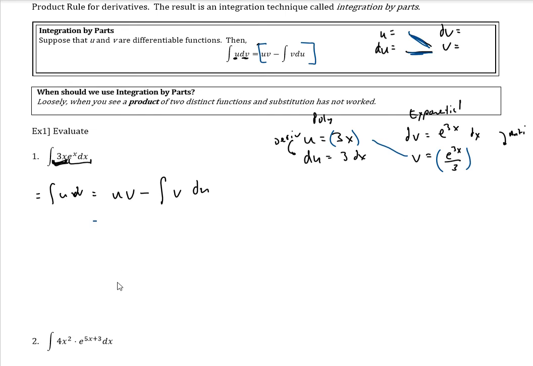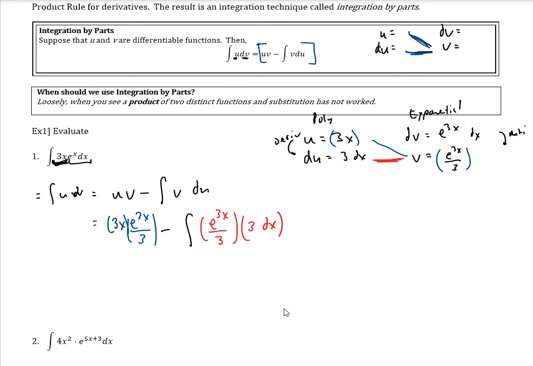So this becomes u is 3x, v was e to the 3x over 3, and then we have minus the integral, and then I just multiply these two by each other. So our v is e to the 3x over 3, and then du is the 3dx.